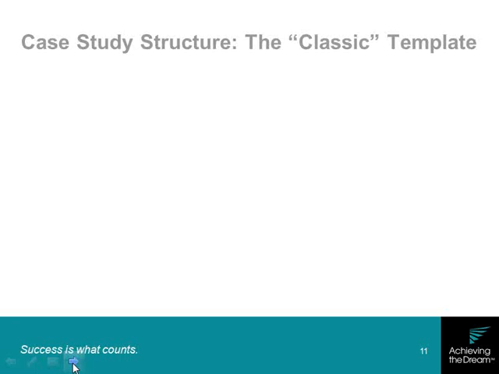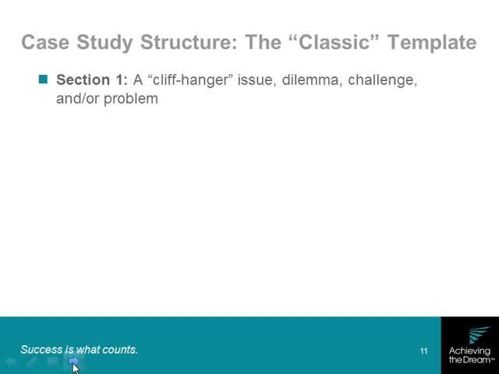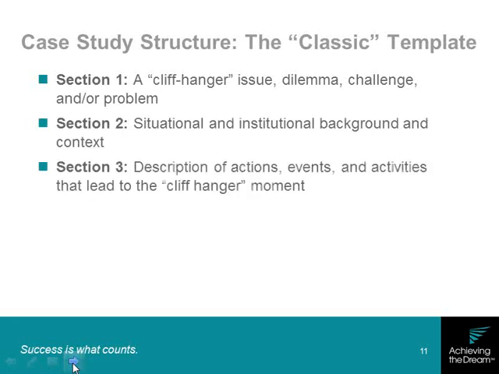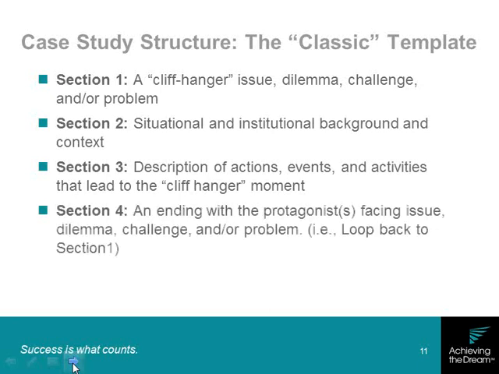So the template that Achieving the Dream has provided is according to the classic template that Harvard University had shared with us. It includes the challenge and or problem, some background and contextual information, obviously a description of the actions and events that have led up to that aha or cliffhanger moment, and then an ending with the protagonist facing the issue, dilemma, challenge, and or problem.